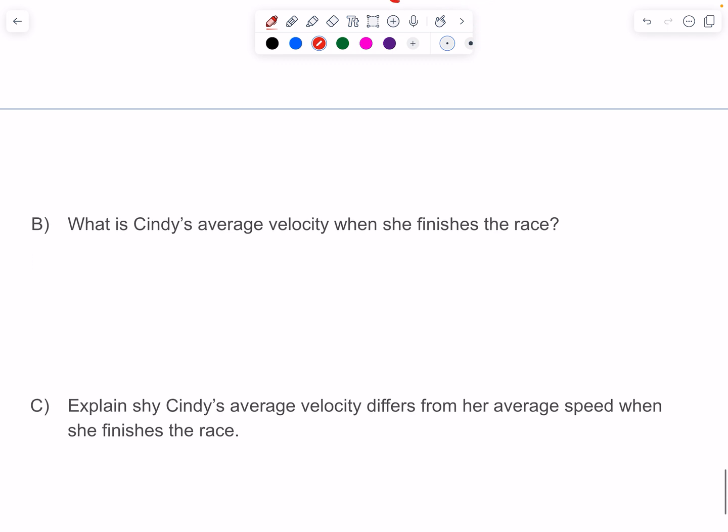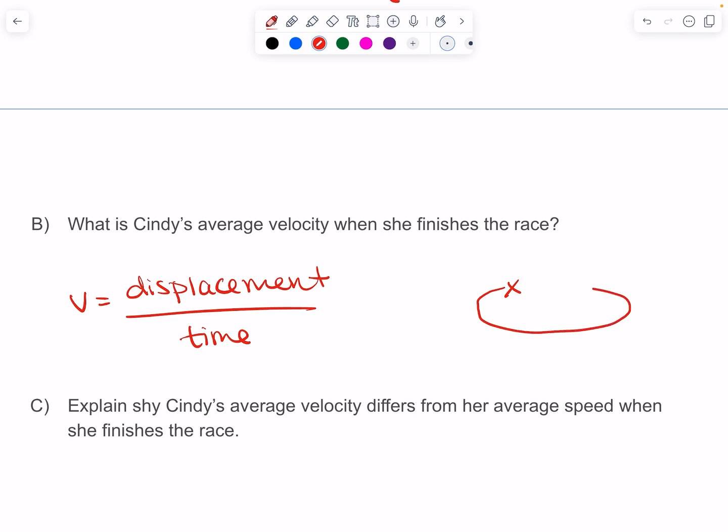Next question is, what is Cindy's average velocity when she finishes the race? Well, remember, velocity is displacement over time. Now, if she's running on a track, she's maybe starting here and doing a couple full loops and ending right back where she started.